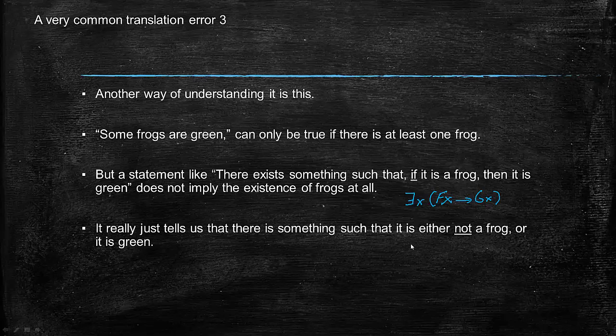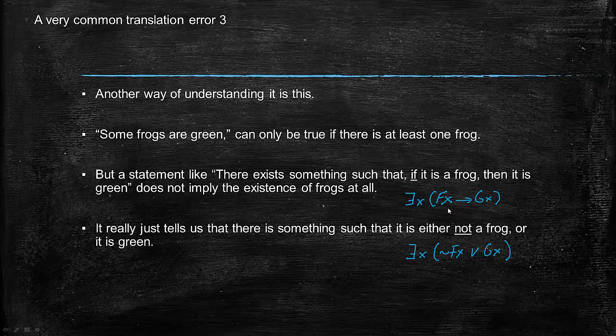Now, why do I say that? Well, you can really understand this from propositional logic, right? This is a logically equivalent expression. There exists an x such that either it's not a frog or it's green. Now, why is that?